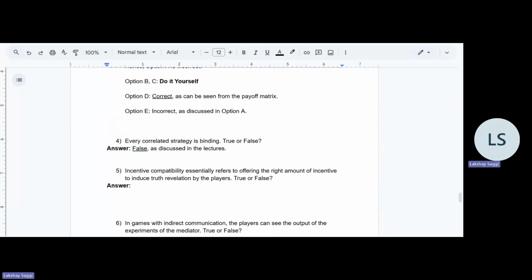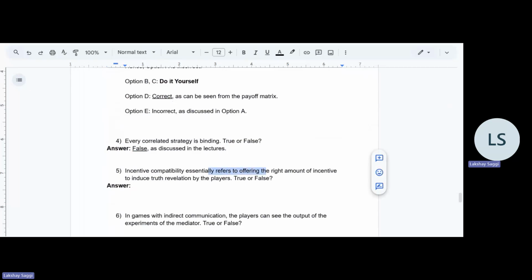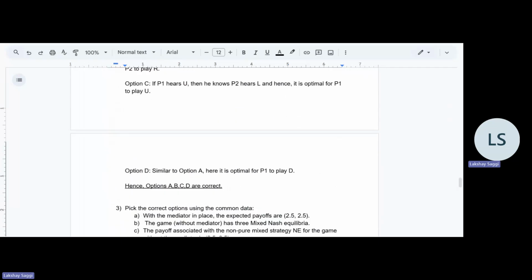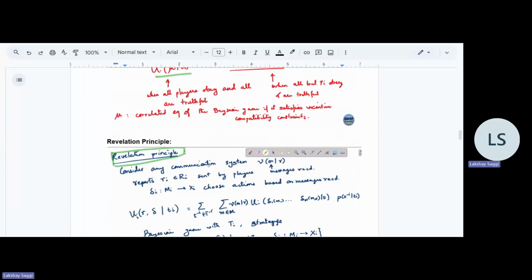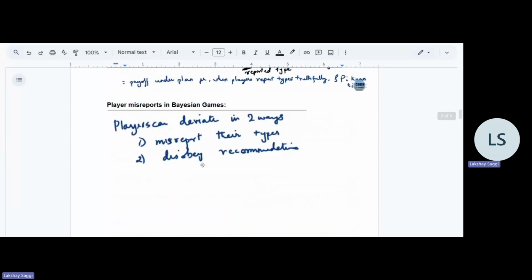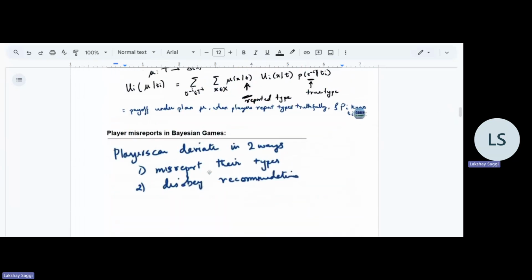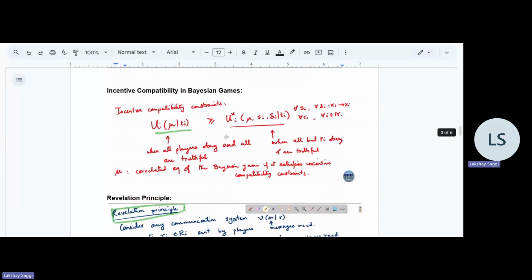So now let's come to the fifth question. It's again a true or false. So incentive compatibility essentially refers to offering the right amount of incentive to induce the truth revelation by the players. True or false? So again, in this revelation by the players of reporting their true types, this is what is incentive compatibility, right?